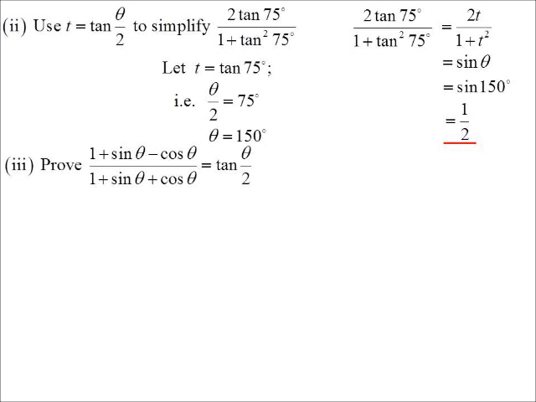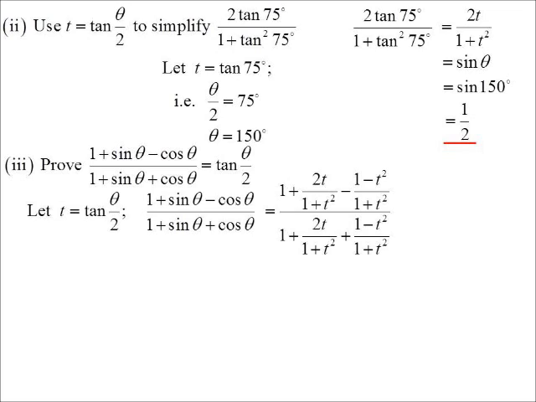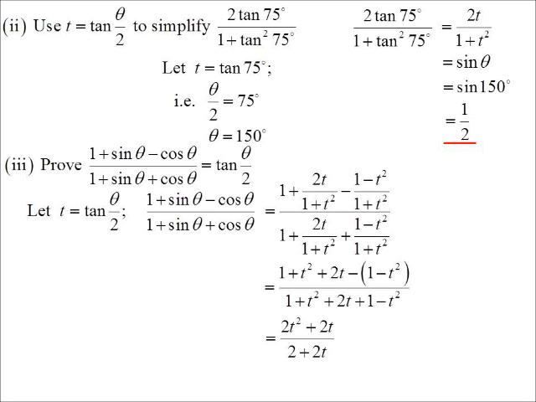Okay, another one to prove. It doesn't actually say use t results, but I guess the fact that they've written tan theta on 2 is a bit of a giveaway. If I use t results, I should be able to show this. So I'm going to let t represent tan theta on 2. Left-hand side, subbing in the t results. Again, the denominators are all 1 plus t squared, so multiply everything by 1 plus t squared, tidying up the top and tidying up the bottom. 2t squared plus 2t on 2 plus 2t.